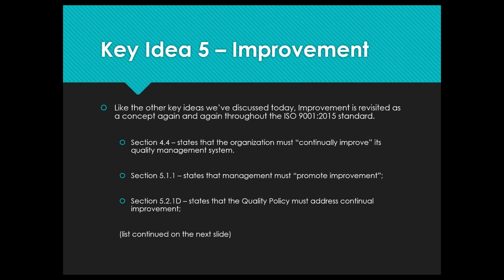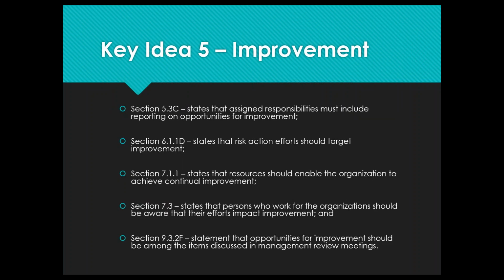In 5.2.1, it states that the quality policy needs to discuss continual improvement specifically. 5.3c states that assigned responsibilities need to include reporting on opportunities for improvement. 6.1.1d says that your risk actions need to target improvement. 7.1.1 says that your resources need to be positioned so that the organization can achieve improvement. 7.3 says that persons that work for the organization should be aware that their efforts impact improvements. And in 9.3.2f, it says that improvement needs to be among the things discussed in the management review meeting process.